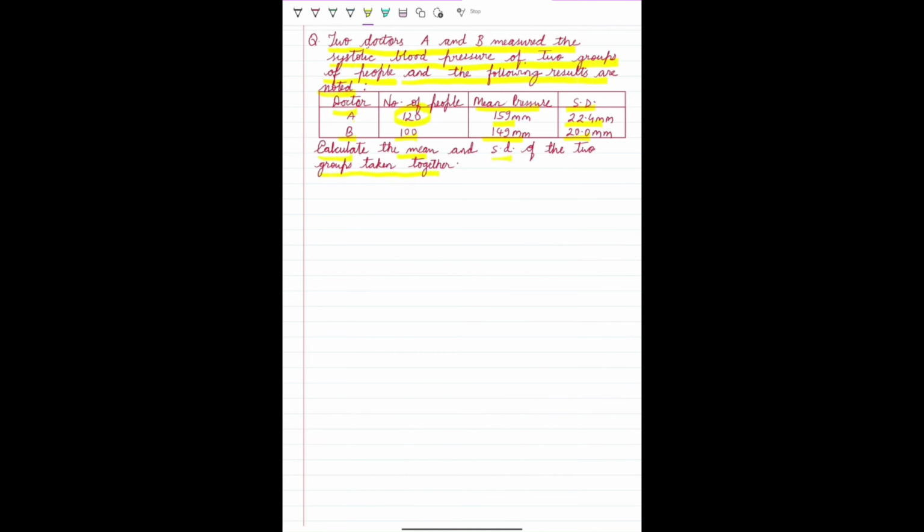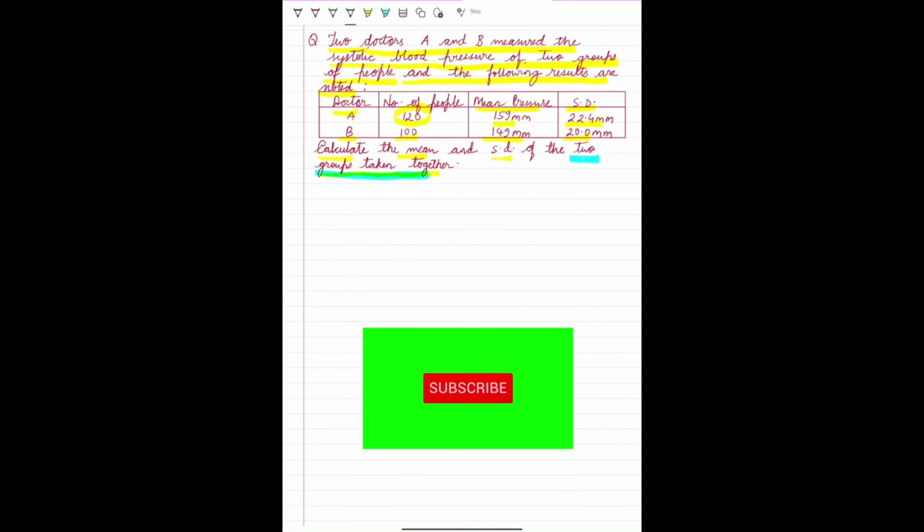Since they have asked us for the two groups taken together, we are going to find the combined arithmetic mean as well as the standard deviation. Let us first calculate the combined mean. Since we have two groups, the formula for combined mean is x bar equals n1 times x1 bar plus n2 times x2 bar, divided by n1 plus n2.